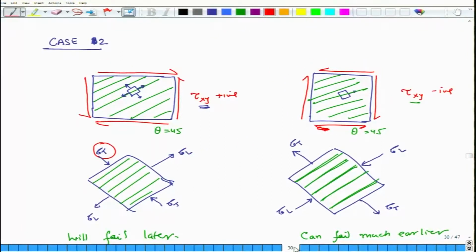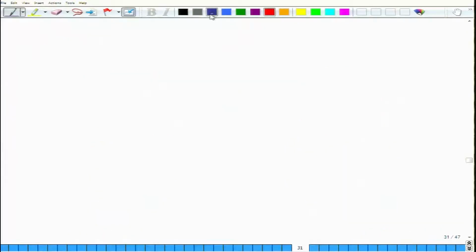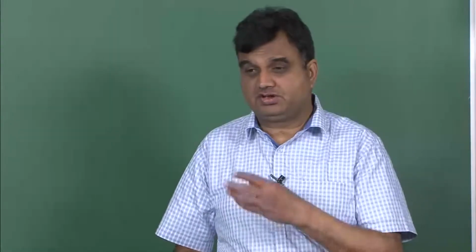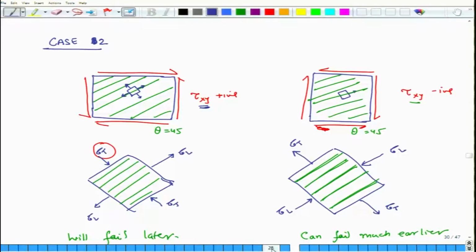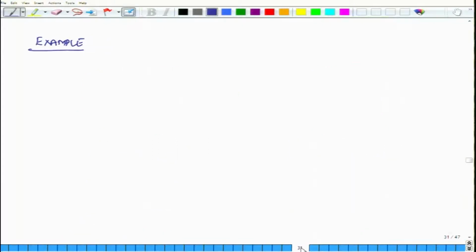We will make this a little more clear by doing an example. And these effects of the direction of shear become very important, especially when theta is not equal to 0 degrees. For theta equals 0, as we discussed earlier, it does not really matter, but when theta is non-zero, it starts having a very significant influence.